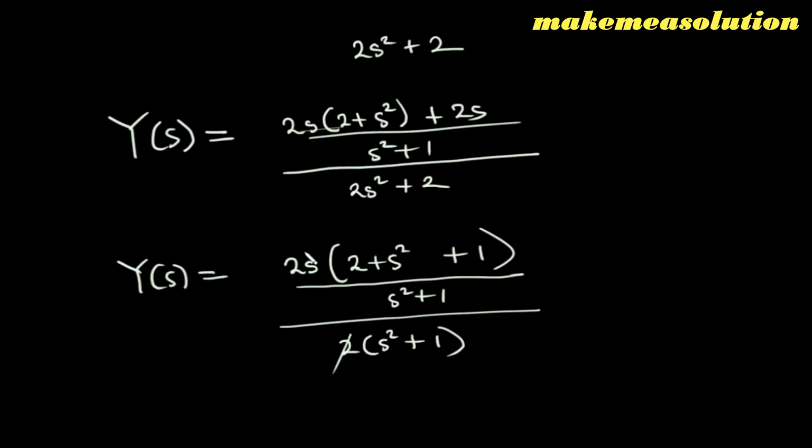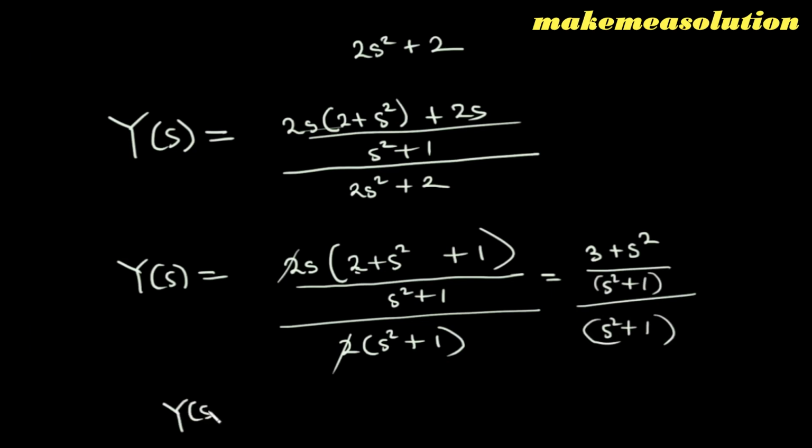So this 2 can cancel out this 2, then we'll now be left with 3 plus s squared, that's 2 plus 1, all over s squared plus 1, then divided by s squared plus 1.